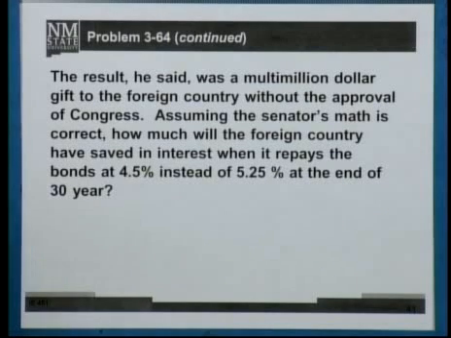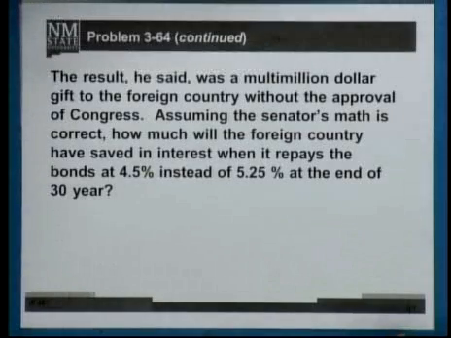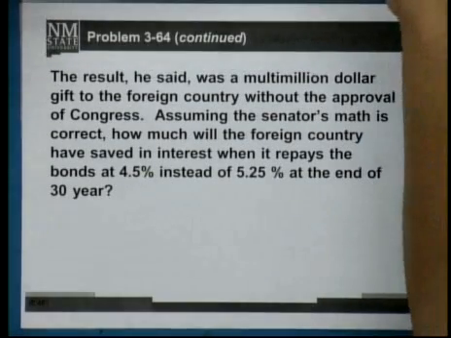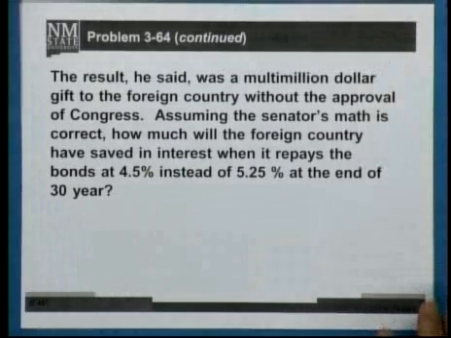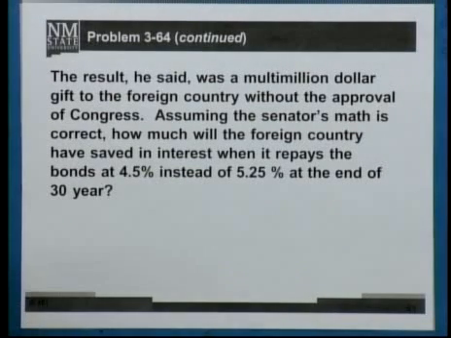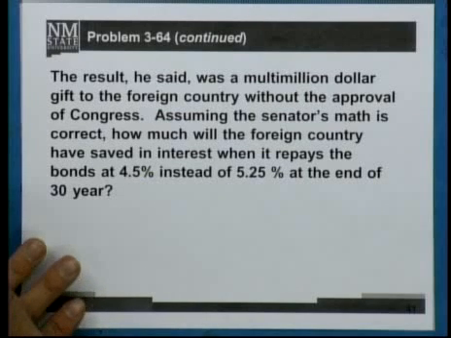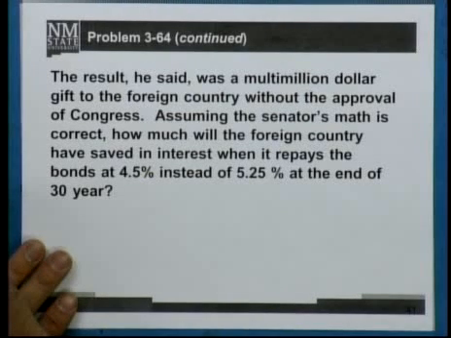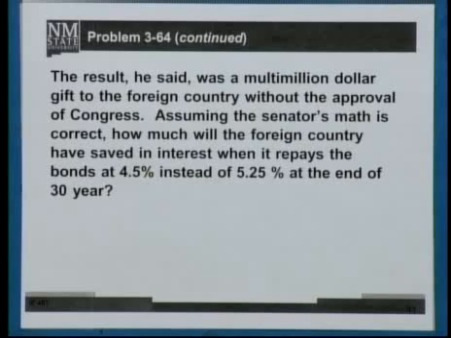So assuming that the senator's math is correct, how much will the foreign country have saved in interest when it repays the bonds at 4.5% instead of 5.25% at the end of 30 years?